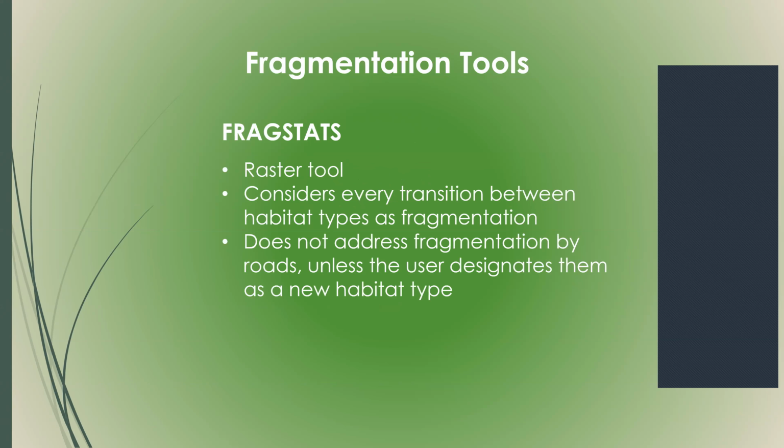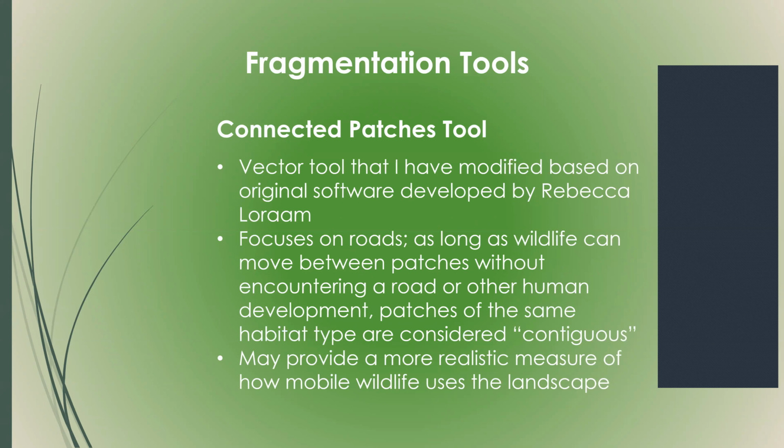So FragStats is a raster-based tool, and it considers every transition between habitat types as fragmentation, regardless of whether there's any human influence. In fact, it doesn't address fragmentation by roads and trails directly unless the user designates them as a separate habitat type, which I do plan to do. The connected patches tool is a vector tool that I've modified based on some original software developed by Rebecca Loram.